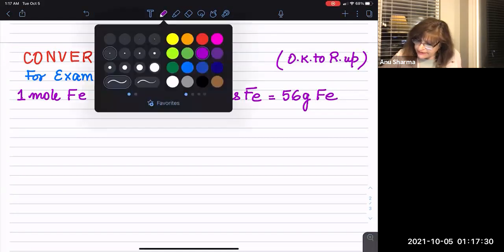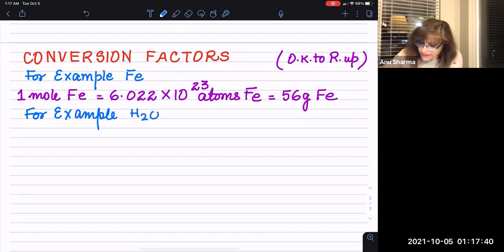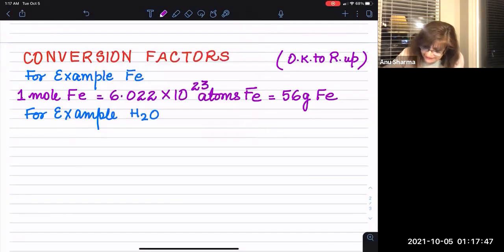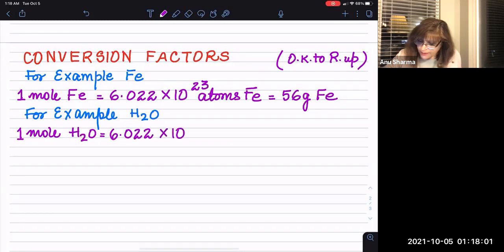Now let's look at another example. For example, you have water. This is 1 mole of H2O, which is water, and that is equal to 6.022 into 10 to the power 23 molecules.